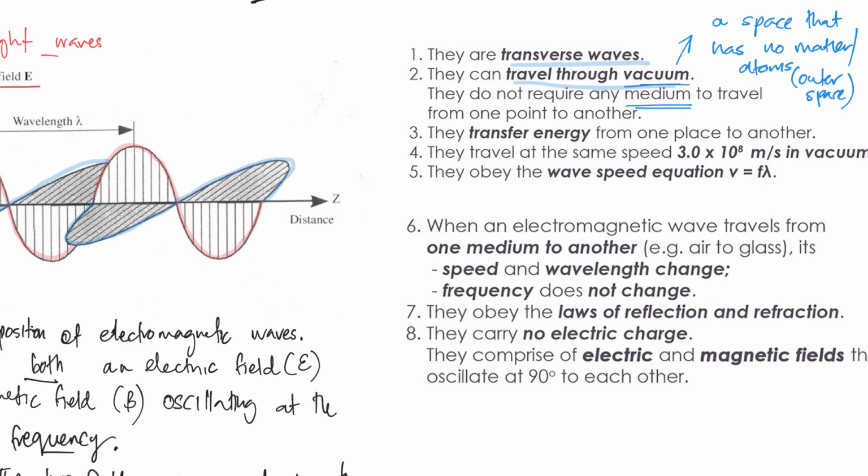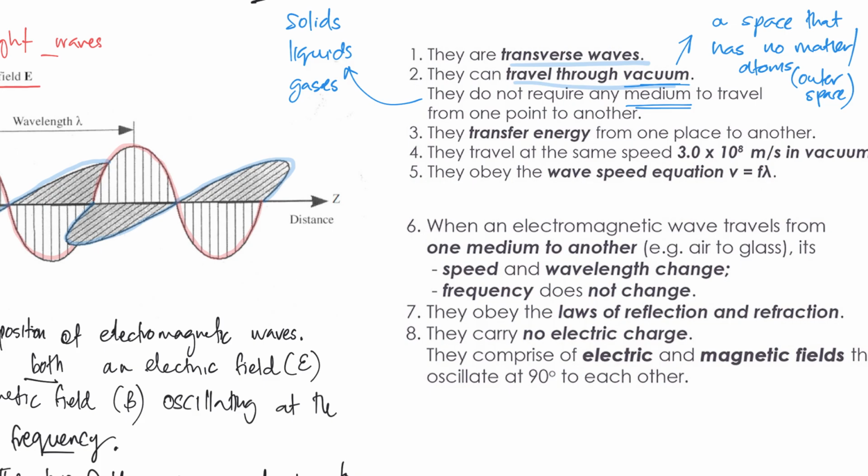What that means, a medium, is we have different types of mediums. We have solids, liquids, and gases. For example, with solids, we could be talking about a concrete wall, metal, whatever the case is.